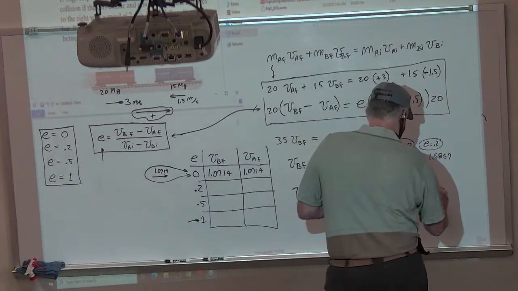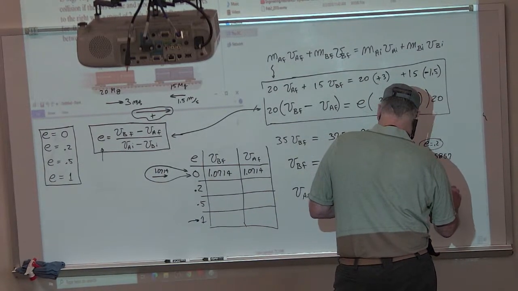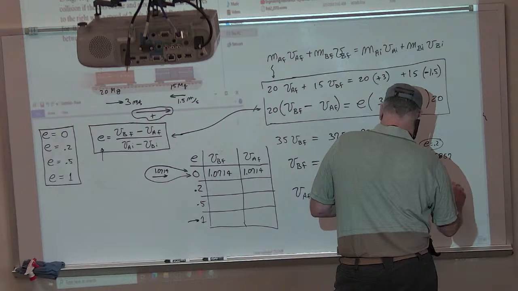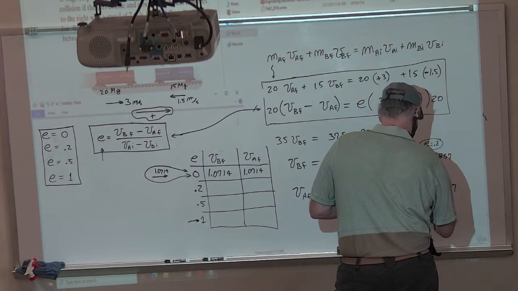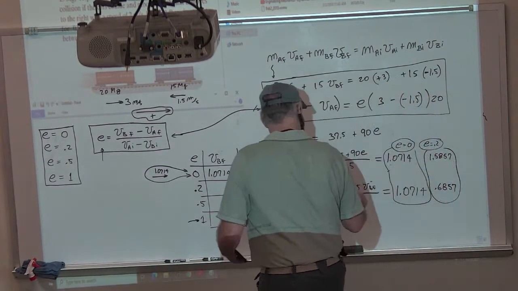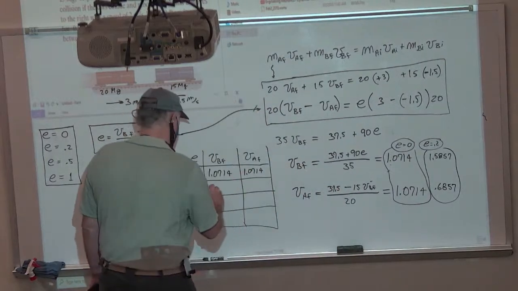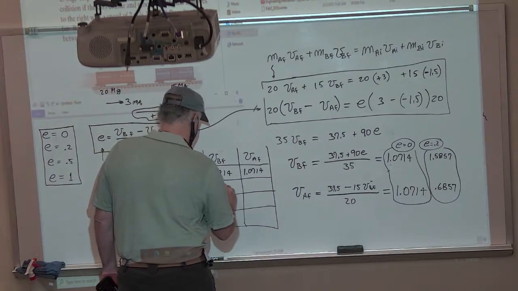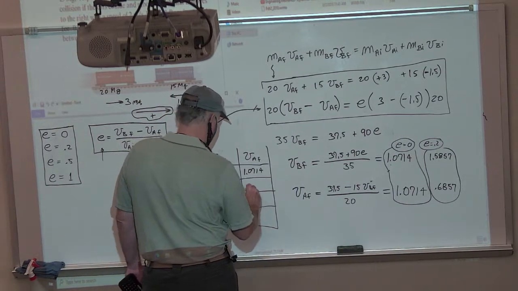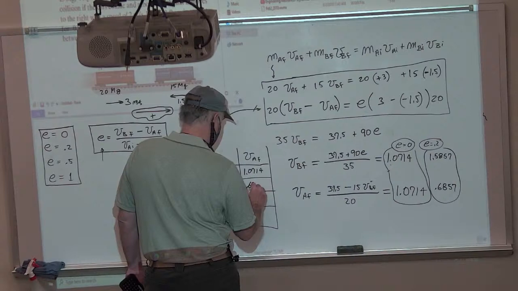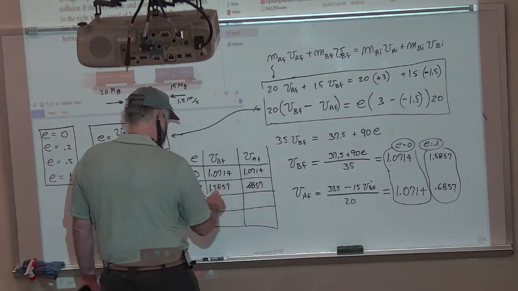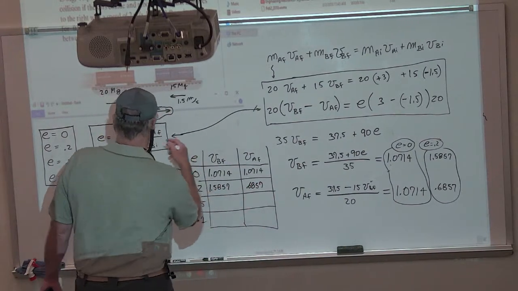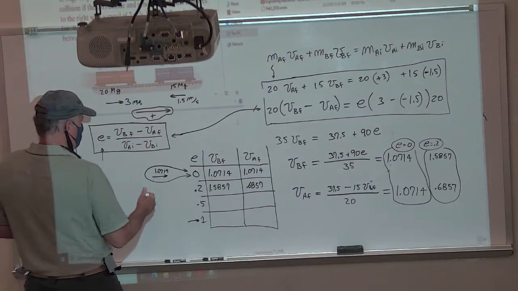And now I get 0.6857. Now, let's fill this out, 0.5857, 0.6857.